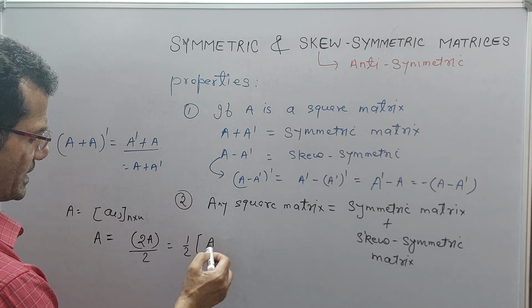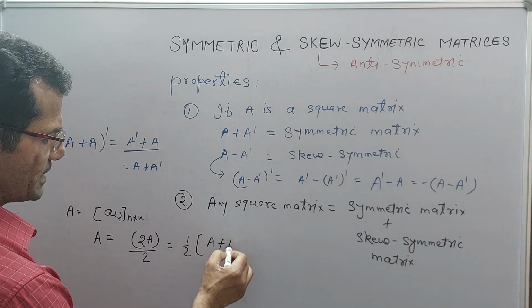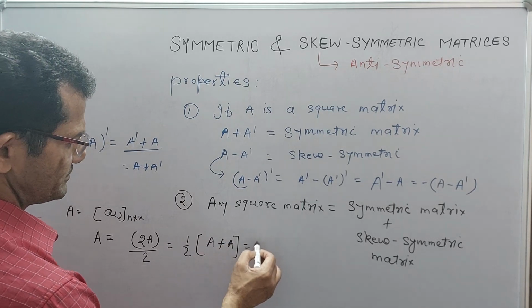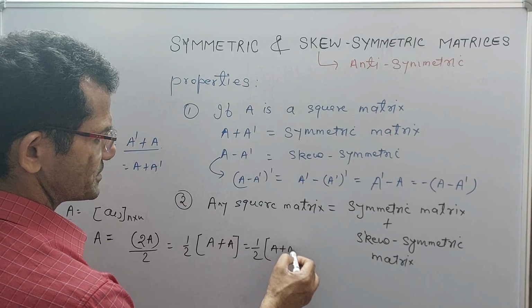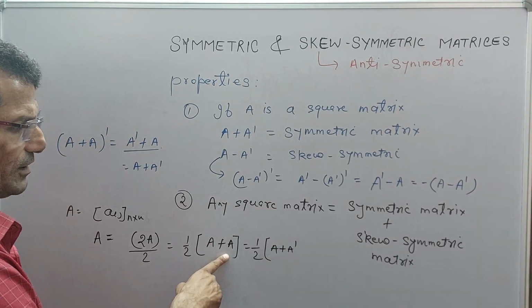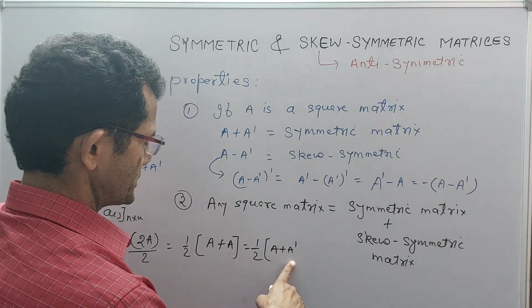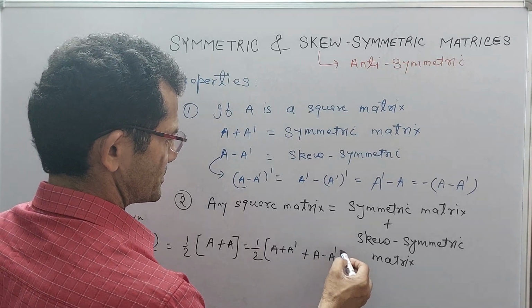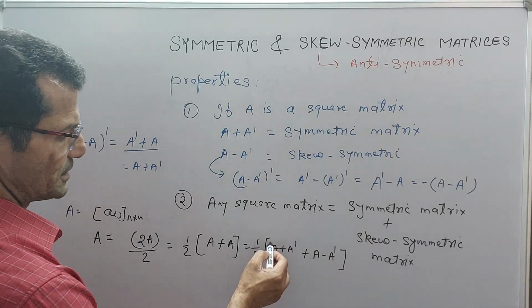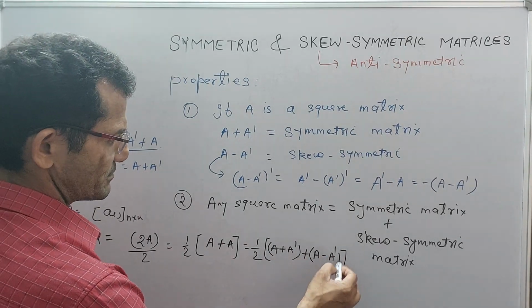Twice A means A plus A, and we can write A replaced by A plus A transpose, and if I add A transpose, we should also subtract the transpose. So write this in a second bracket.